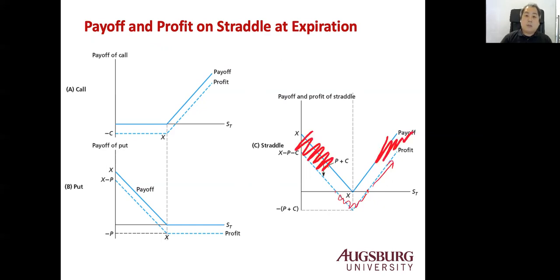If the stock price rises more or drops more, you are better off, which means that you want to have a volatile stock price. So you basically bet on volatility. If you think that the volatility will rise, then you can bet on this straddle strategy.